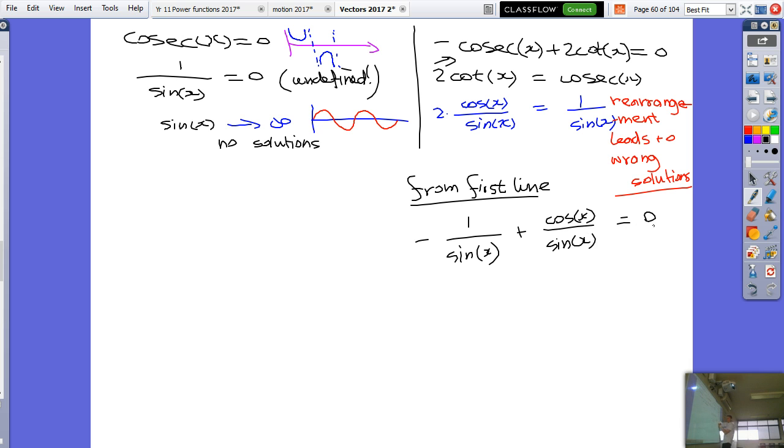Well, that is equal to 0. Oh, forgot the factor of 2. Thank you. Now retaining that, we see we've got this common factor of 1 on sine.